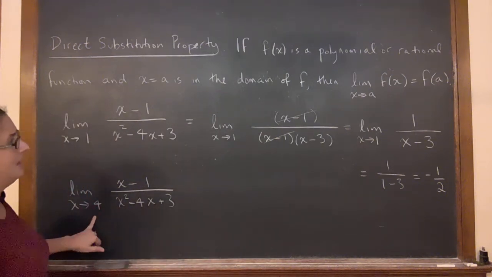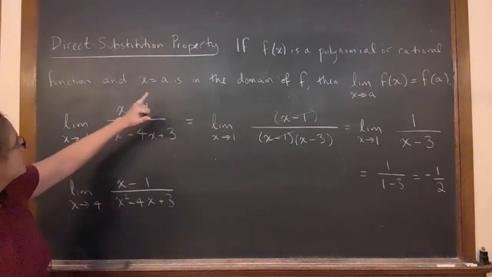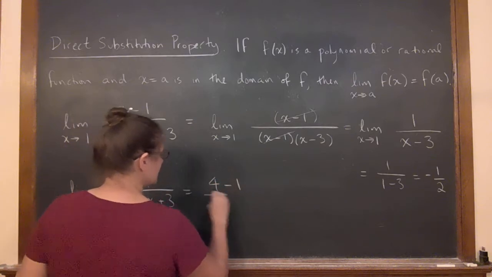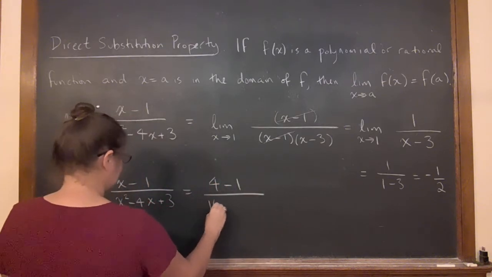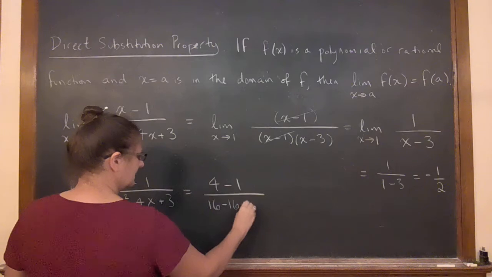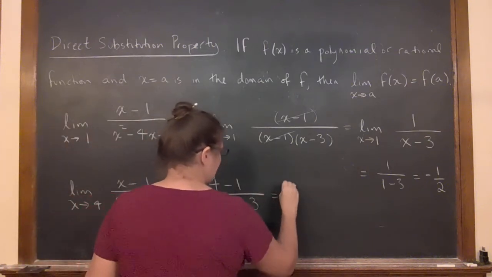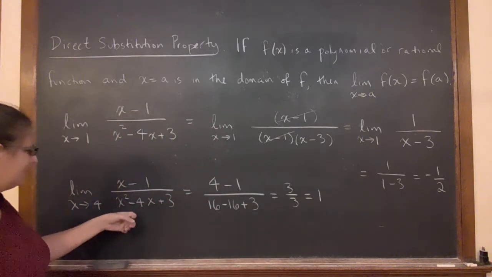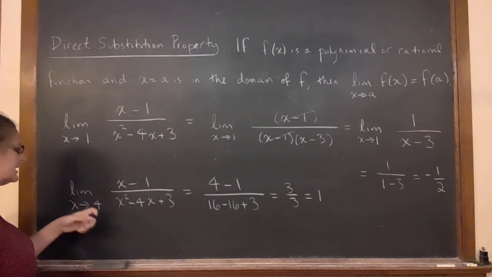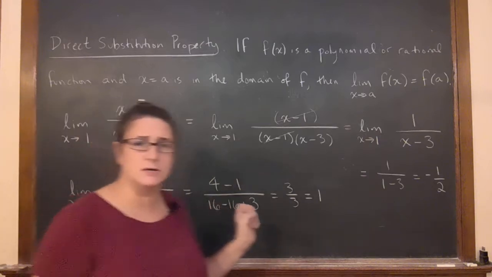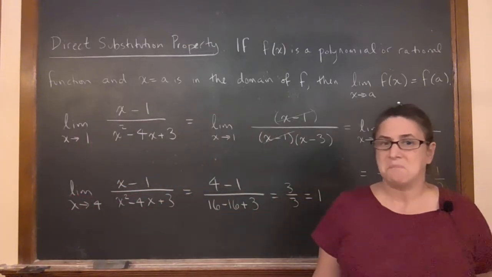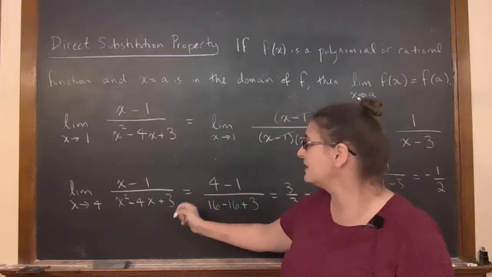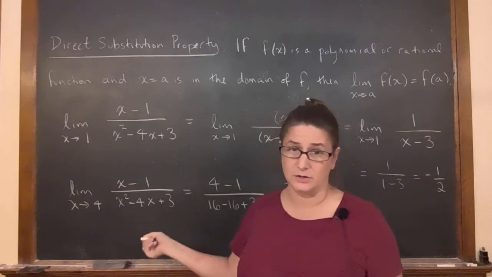Now if I go ahead and stuff in the number, I'm going to have 16 minus 16 plus 3. So I get 3 over 3 and 1. So here I didn't have to do any simplification precisely because I didn't have 0 over 0. I had some other point. The point 4 is perfectly happy in the domain of this function.